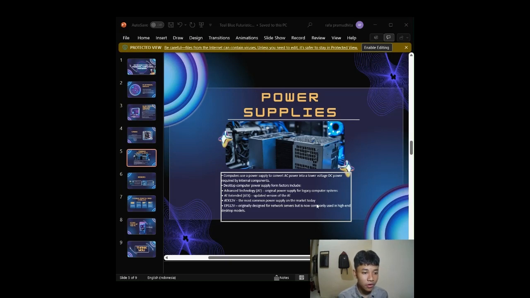Desktop computer power supply form factors include Advanced Technology, or AT, the original power supply for legacy computer systems; Advanced Technology Extended, or ATX, and its updated version, the ATX12V, the most common power supply on the market today; and EPS12V, originally designed for network servers but now commonly used in high-end desktop models.